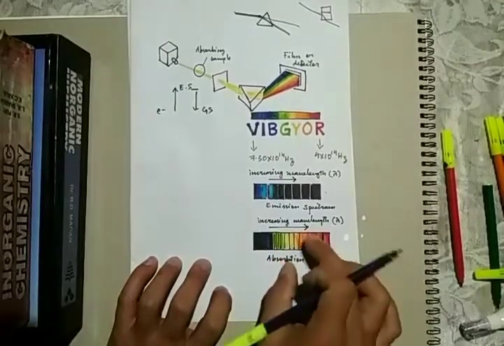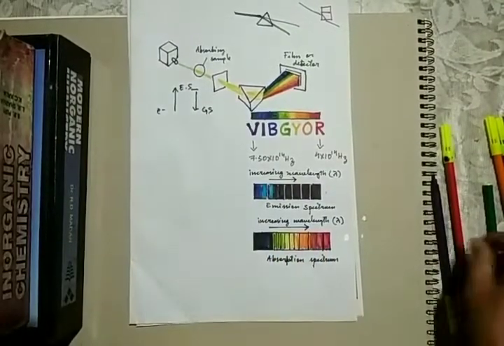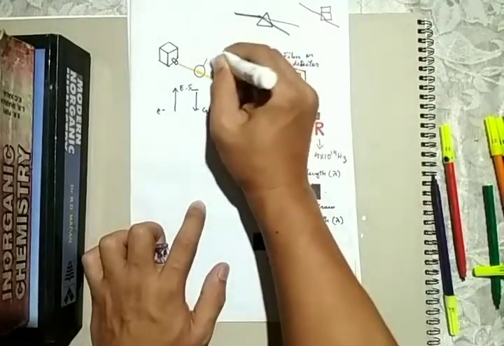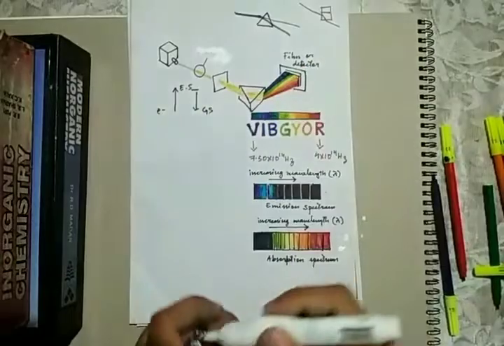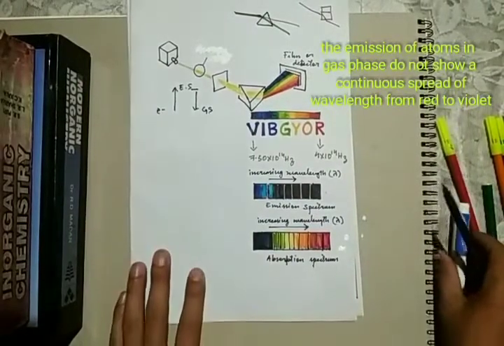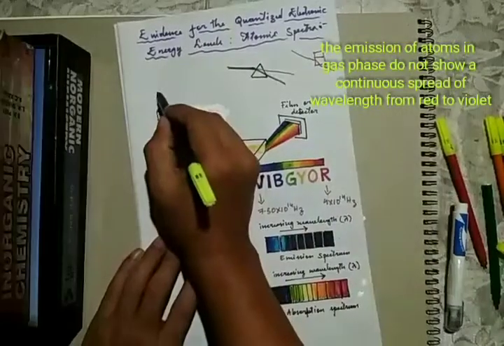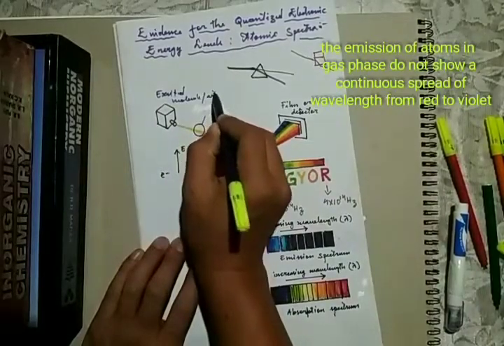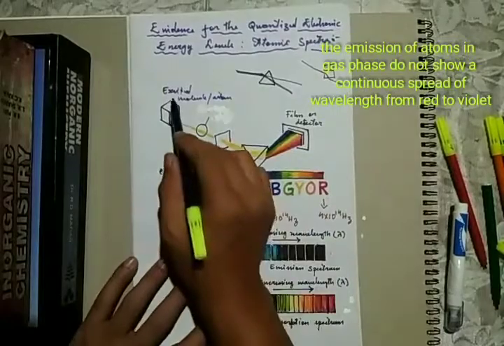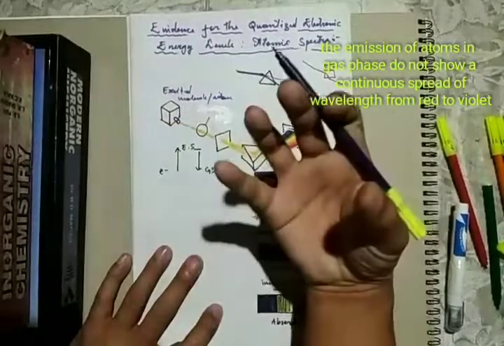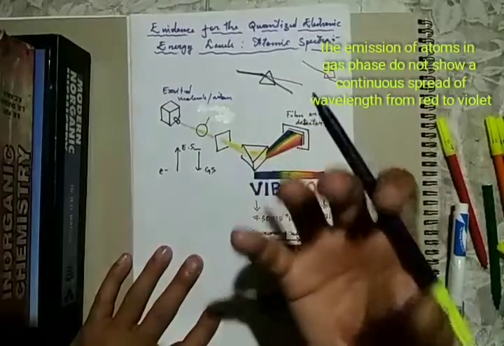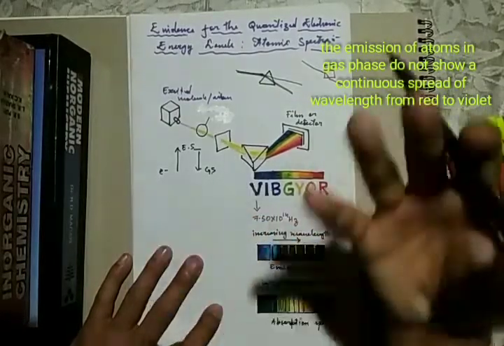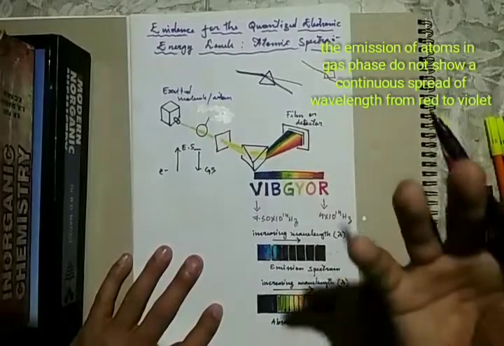The opposite of this is emission. When an excited molecule or atom gains energy, after gaining energy it comes to the ground or normal state by giving off radiation or energy.